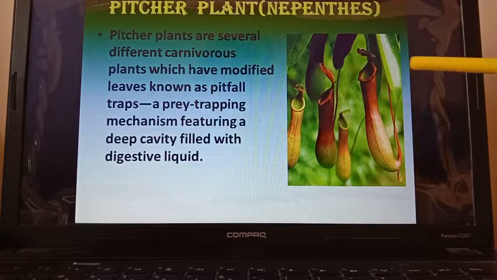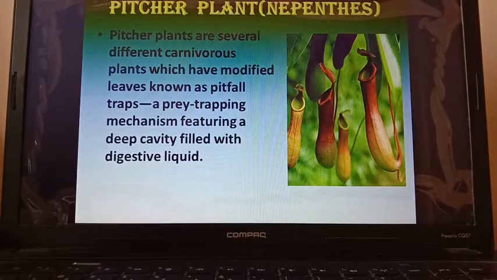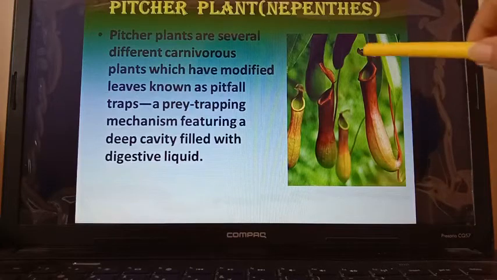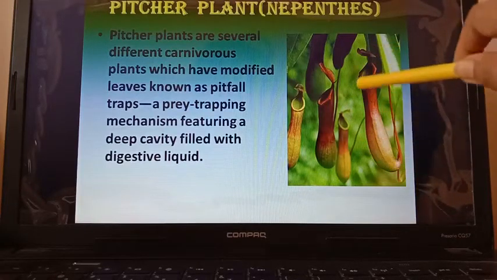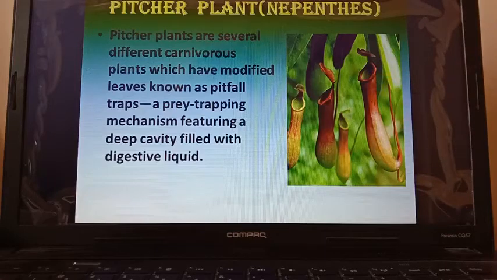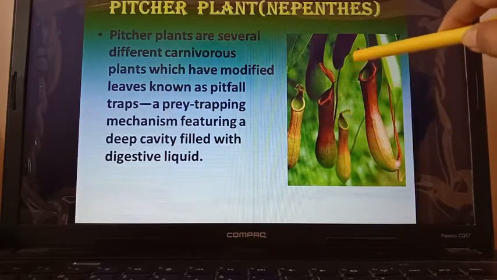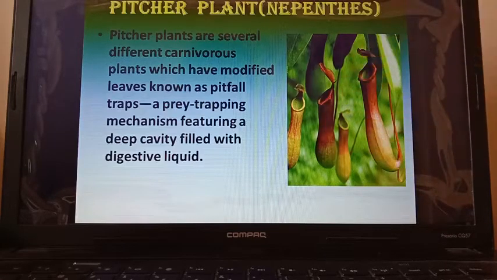So here you can see that the leaf lamina is modified into that pitcher. This is the pitcher shaped part of the pitcher plant, and it is the part mainly meant to capture insects.